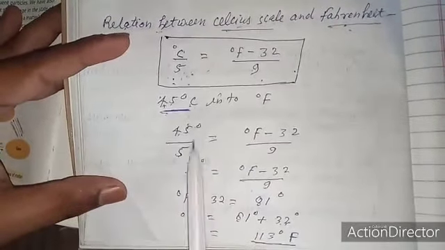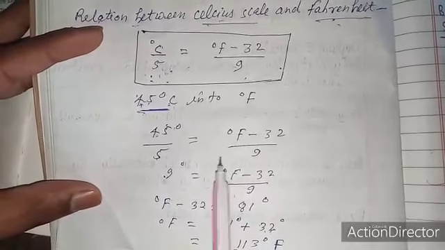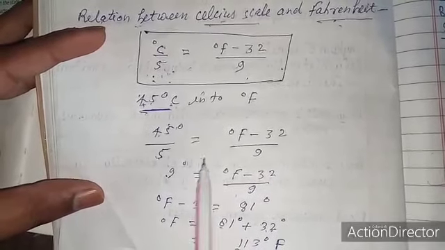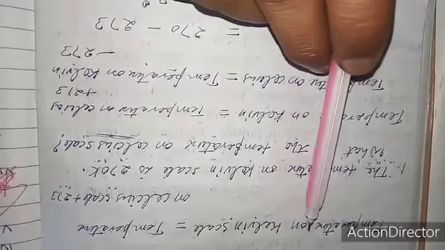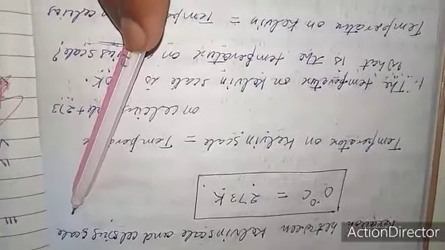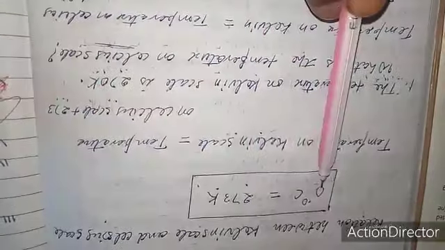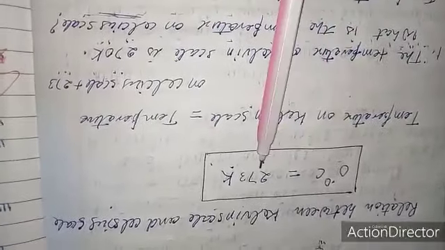This is not given in your syllabus, but here, students, it is necessary to know. In your course only the relation between the Kelvin scale and Celsius scale is given. Listen once again. 0 degree Celsius is equal to 273 Kelvin.